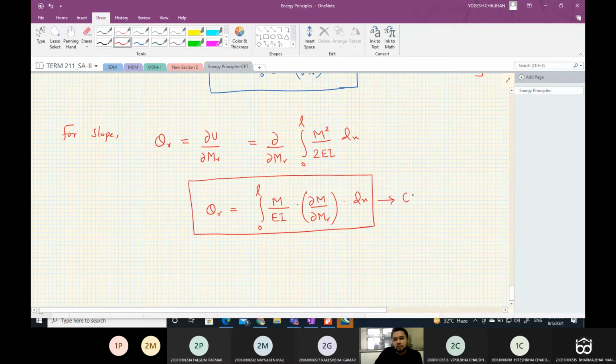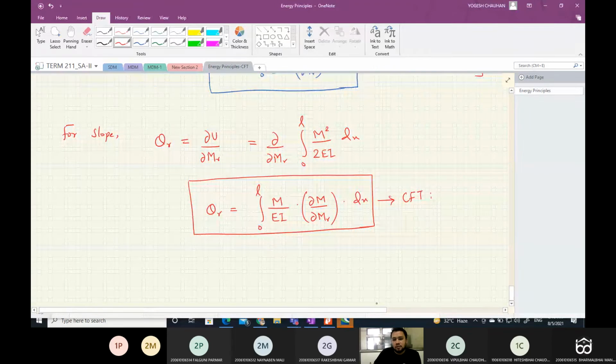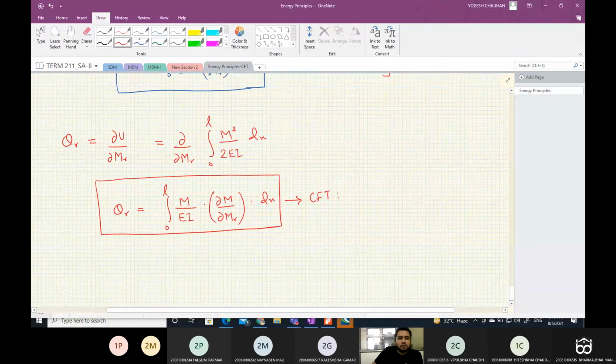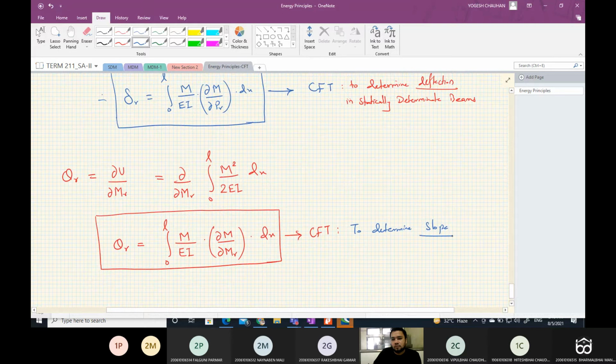This is the expression for CFT to determine slope in statically determinate beams.